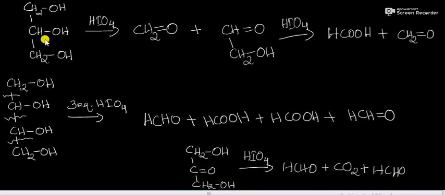For example, this is a compound having 1,2-diols. When it is treated with HIO4, the first part, that is the 1,2-diol, will convert into CHO, and this bond will break, and this bond will convert into CHO, CH2OH.